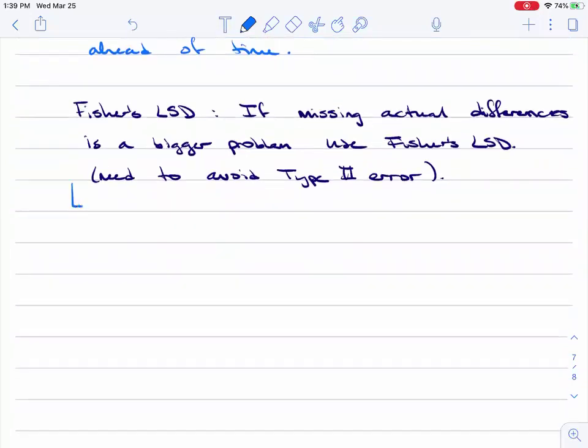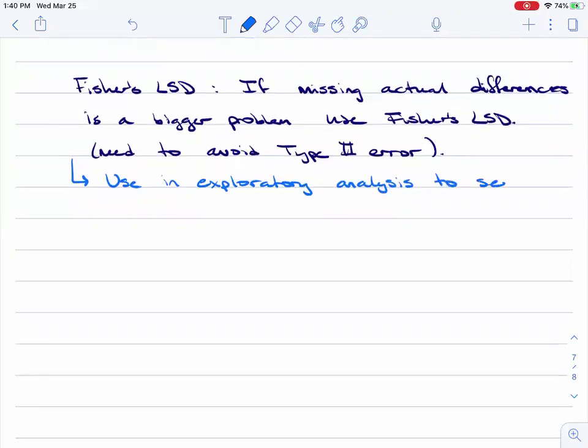So use it in an exploratory analysis to see what differences might exist. It might tell you that there are differences that aren't necessarily differences, but in exploratory analysis, you would just want to get a feel for things, right?